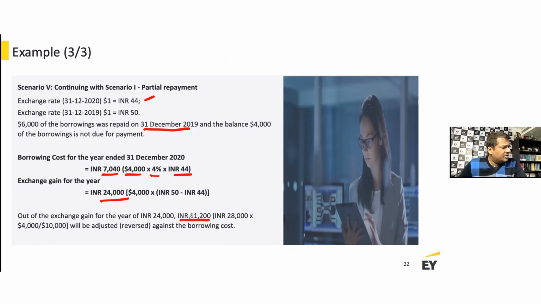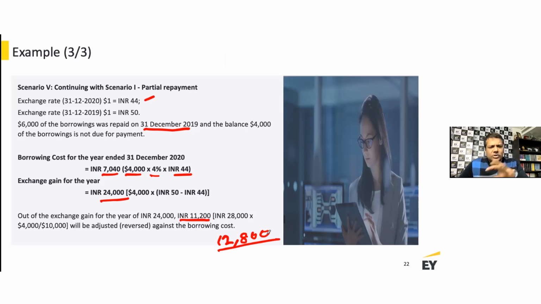Out of the total exchange gain of 24,000, 11,200 will be adjusted as part of the interest cost, and in a way will result in a reversal of the previously capitalized interest cost. And the balance, 24,000 minus 11,200, which is 12,800, will be recorded as a gain in the P&L as part of exchange gain or loss.